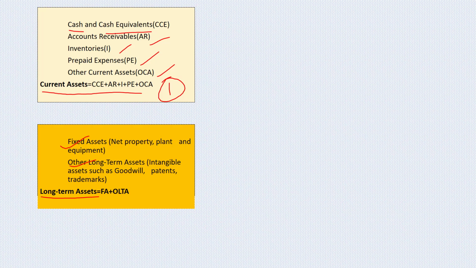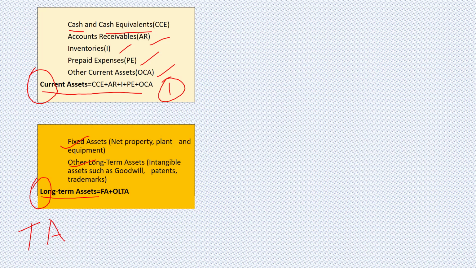So the current assets and long-term assets make the total assets for that company, which represents all the assets the company owns that can be used to generate future economic benefit for that company, right?